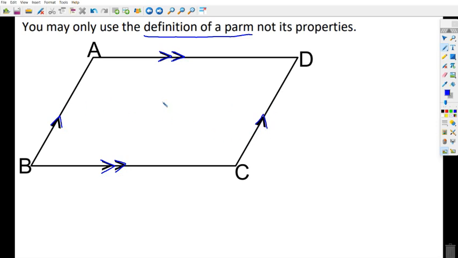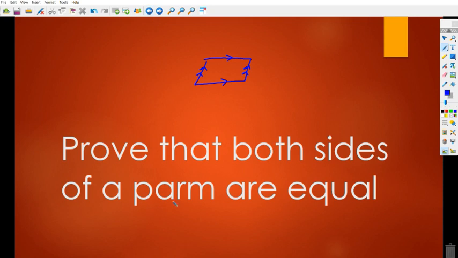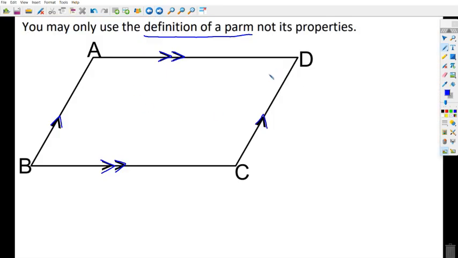I can't say that the opposite sides are equal, because I need to prove that both pairs of opposite sides are equal. I don't know that yet. So how are we going to do this? Do we have any ideas of how we're going to do that? No ideas, I assume.